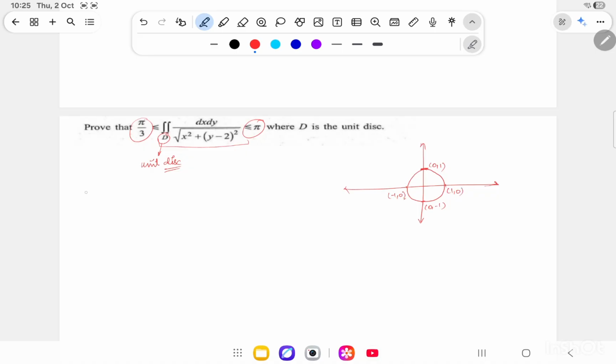Now the integrand that we are supposed to integrate is f(x, y) equals 1 divided by the square root of x square plus (y minus 2) square.